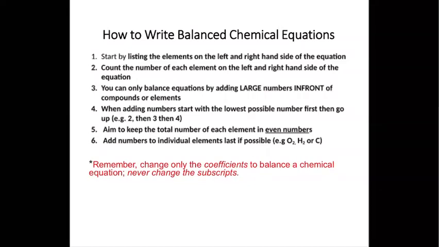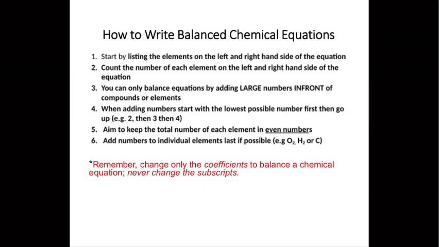To just make sure where you start. And then you can only balance equations by adding large numbers in front of the compounds or elements. Because remember that if you change the subscript, you're changing the identity of your compound or element. So you cannot balance an equation by adding subscripts, okay?